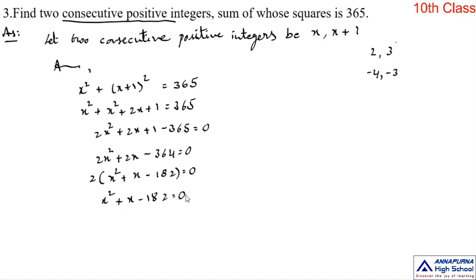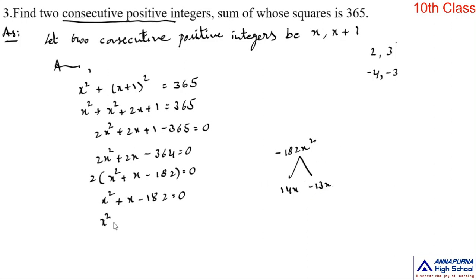Now this is a quadratic equation, and by the factorization method we solve it to find the two consecutive positive integers. Multiply the constant and the x square term: minus 182 into x square is minus 182 x square, and find the two factors whose sum is equal to plus x. The two factors are 14x and minus 13x.